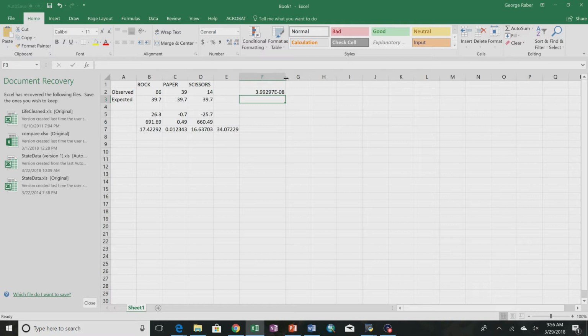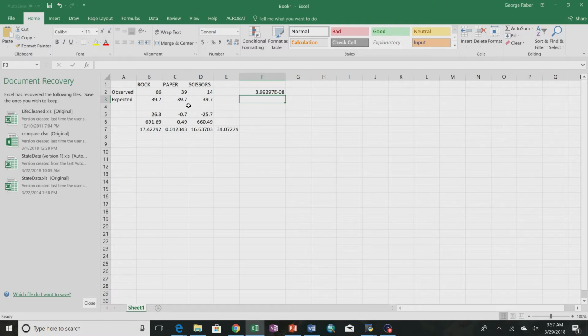We probably should have set an alpha value, but normally it is 0.05, and this is way smaller than that. So what does that say? Remember what our null hypothesis was? That they were all equal. So we rejected that. Does that make sense? This one was a pretty big difference.